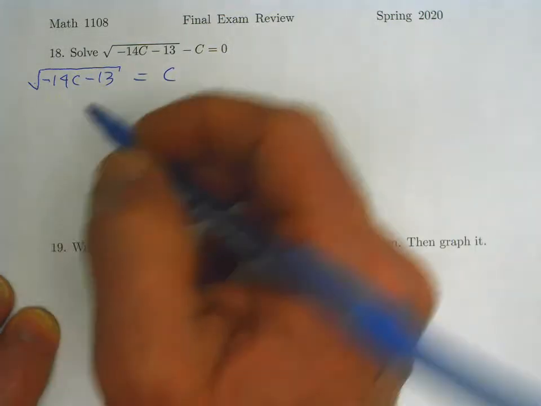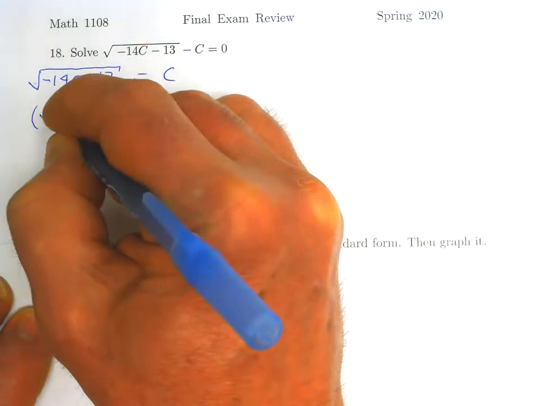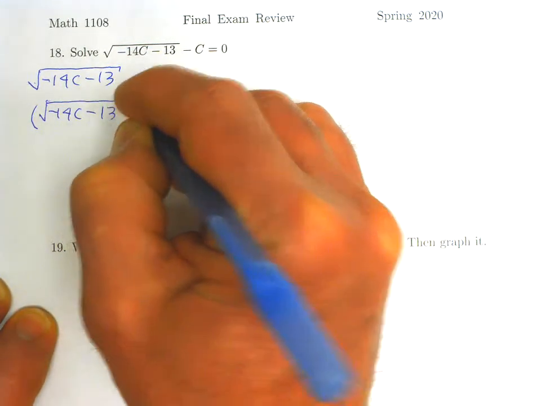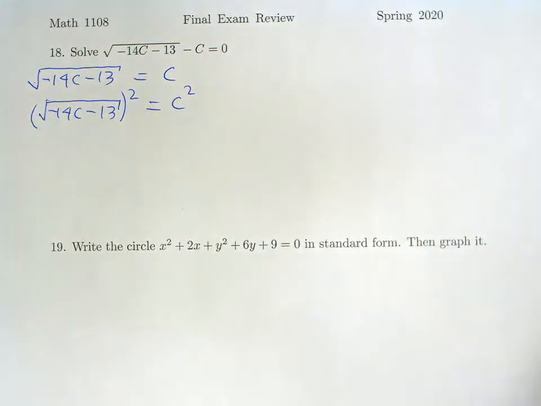And then we'll square both sides. The reason we're squaring both sides is so that we can get rid of the square root. The variable that we want to solve for is inside the square root. So to get it out, we have to square both sides.